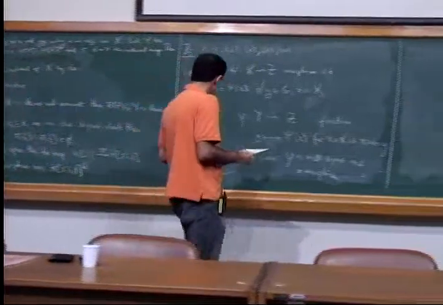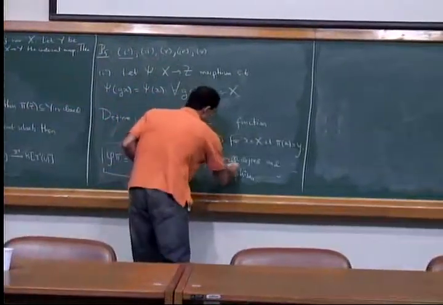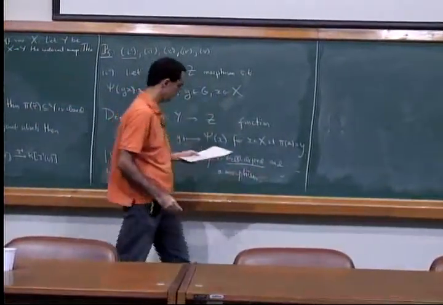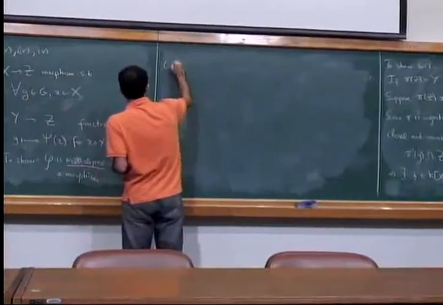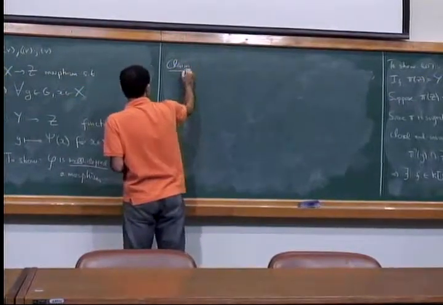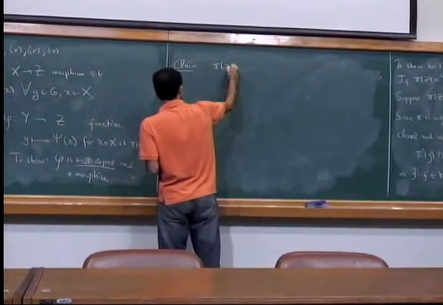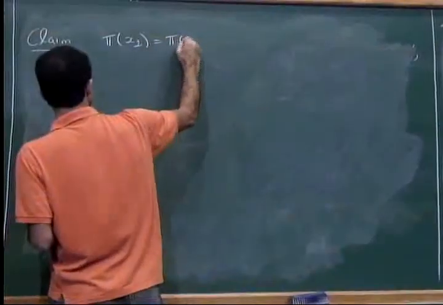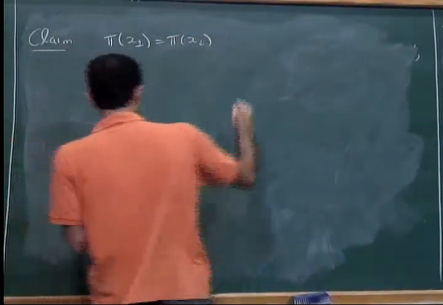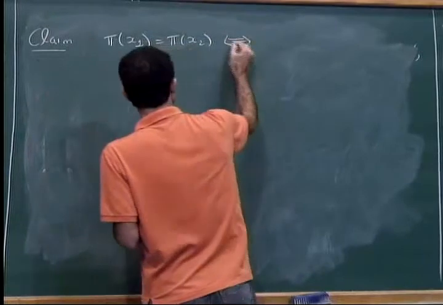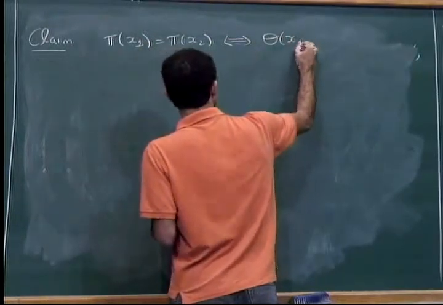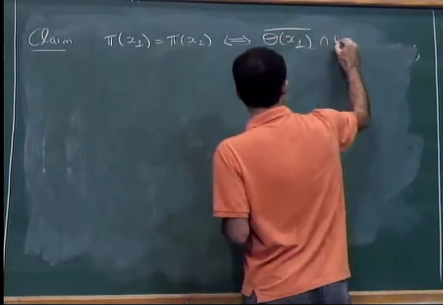Okay, first of all, to show that it's well defined, we use the claim, which says that if two different points give me the same image, then, and actually if and only if, the closures of their orbits intersect.